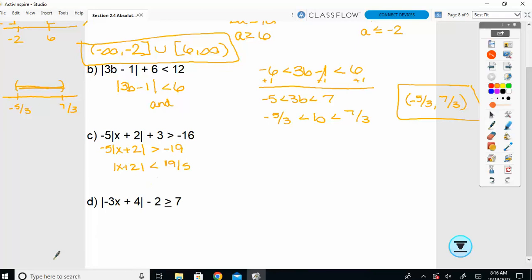Okay, so right now, this is the point where I decide if it's an and or an or, once I have my absolute value by itself. So which one is this? And, less than, and. So we know we should get just one interval for our answer. So we put it in between the negative and the positive.